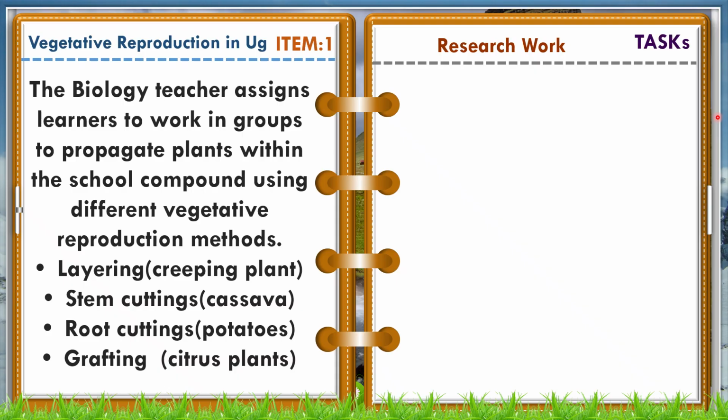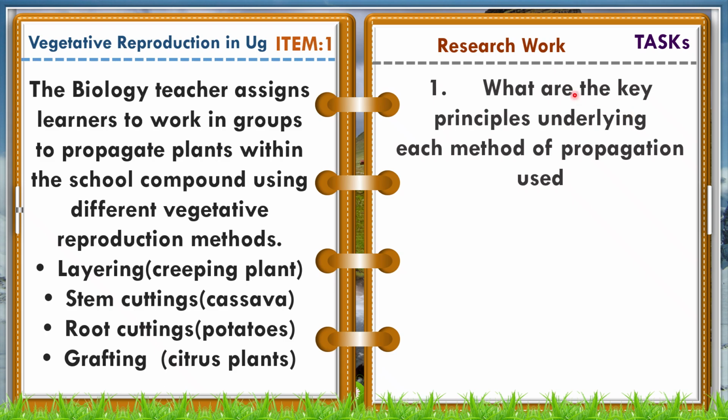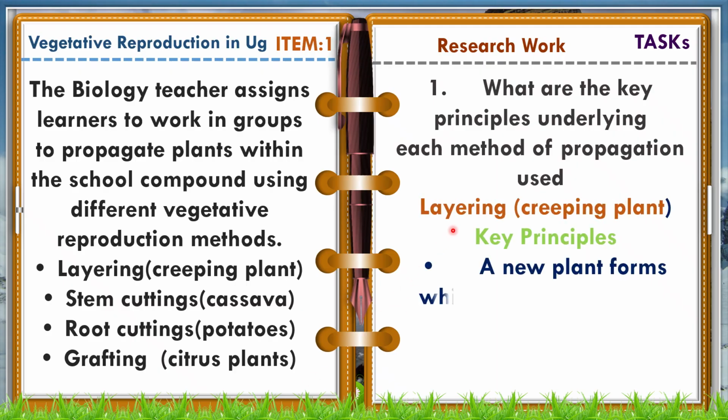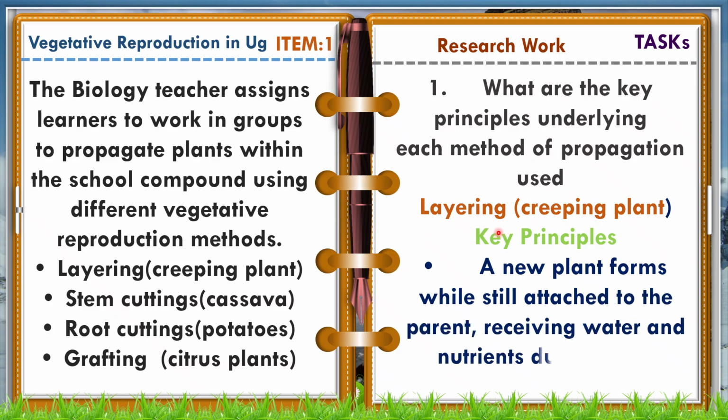Task. What are the key principles underlying each method of propagation used? We have layering as the propagation method using creeping plants. The key principle is that a new plant forms while still attached to the parent.